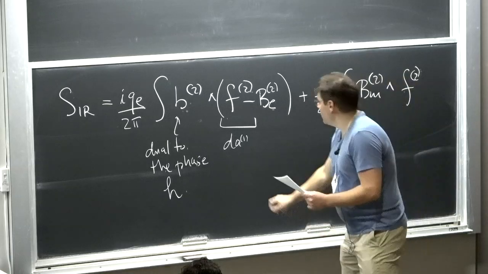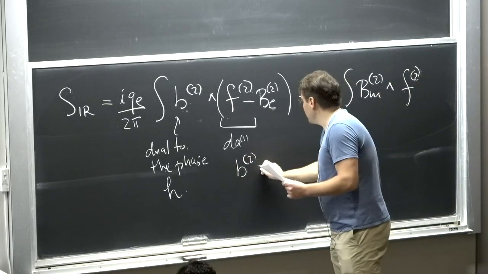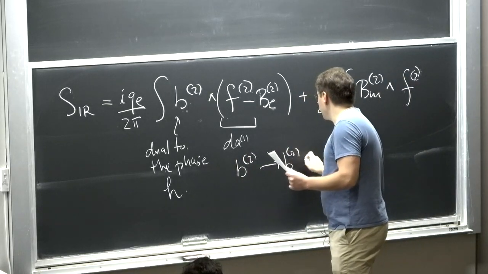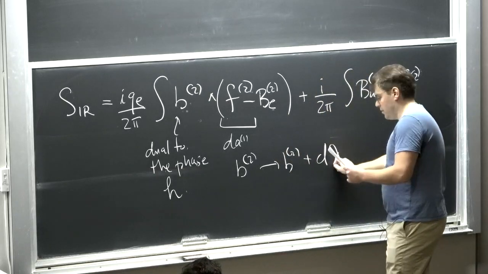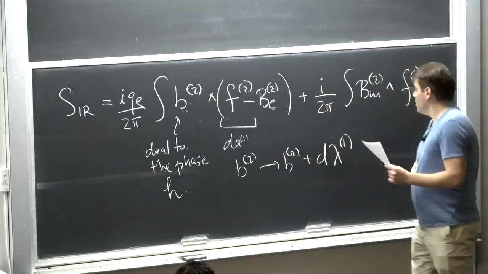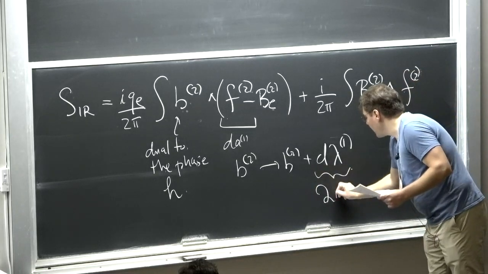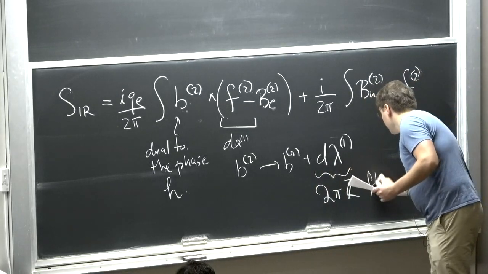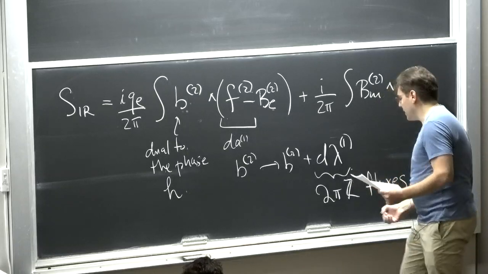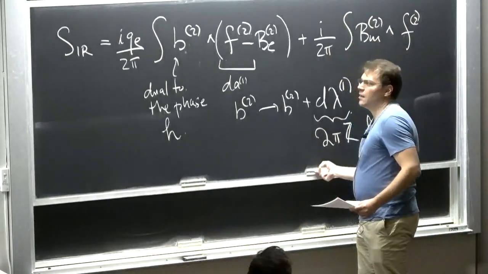All right. So this new B field, which is dynamical, has itself standard U1 two-form gauge transformations with 2π integer fluxes. By now, this should be like a broken record.